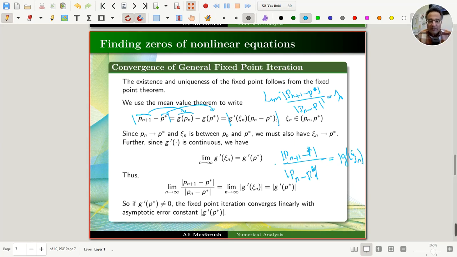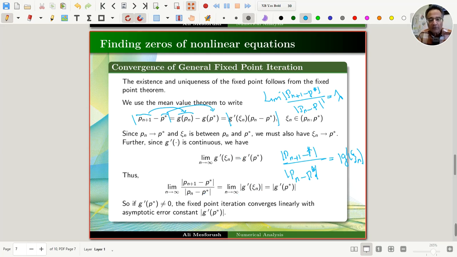Now we take the limit of both sides as n goes to infinity. So we will get the limit of the absolute value of Pn plus 1 minus P star over the absolute value of Pn minus P star as n goes to infinity. It will be the limit of the absolute value of G prime of Cn as n goes to infinity.